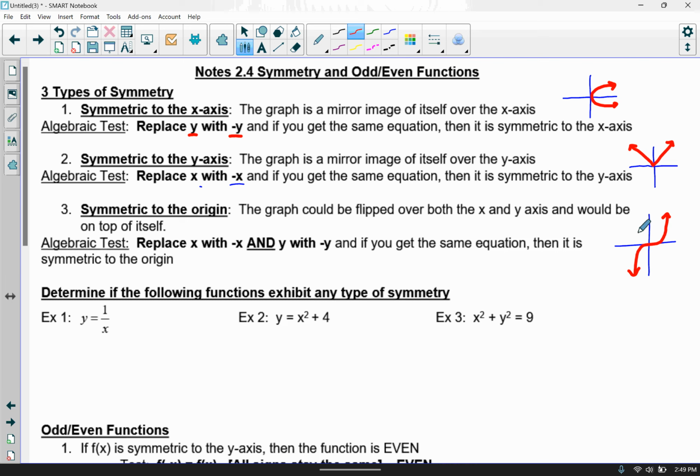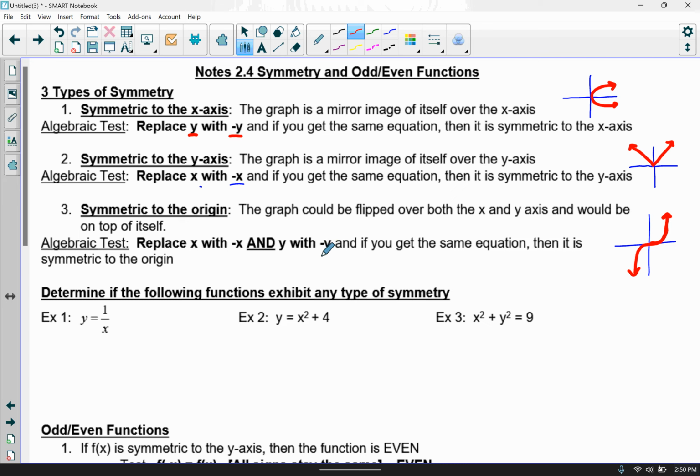Then if I flipped it over y, it would fold over and be on top of that piece right there. Or you can flip it over y and then over x. The algebraic test: you replace x and y with their negative counterparts and then clean it up. If you get the same equation, it would be symmetric to the origin. I'm not going to go over that testing in this set of notes.